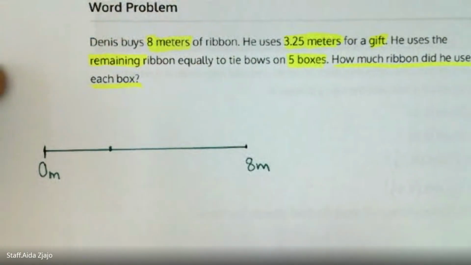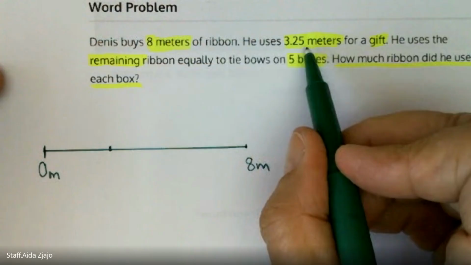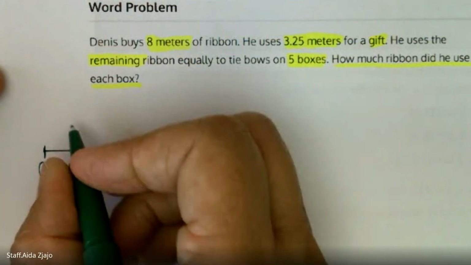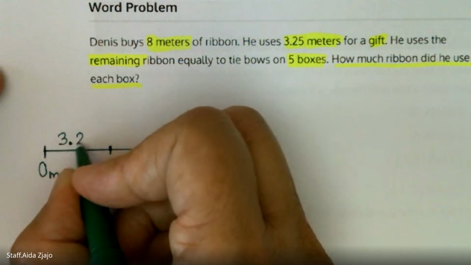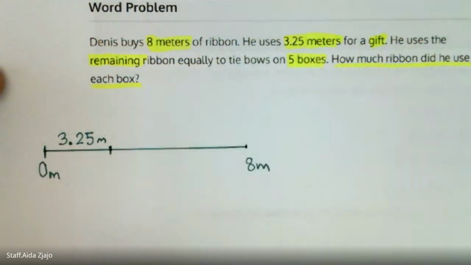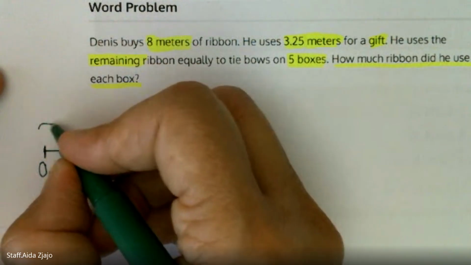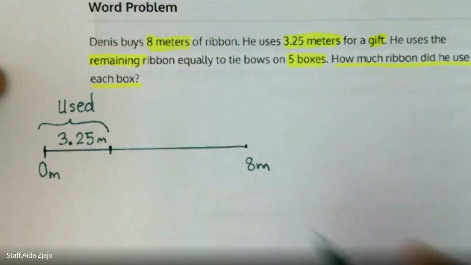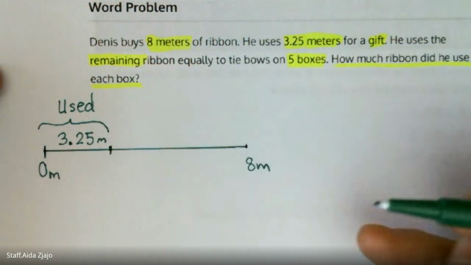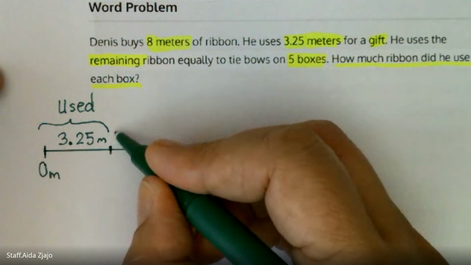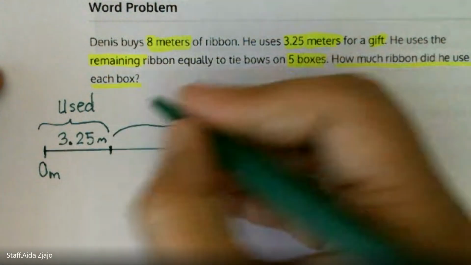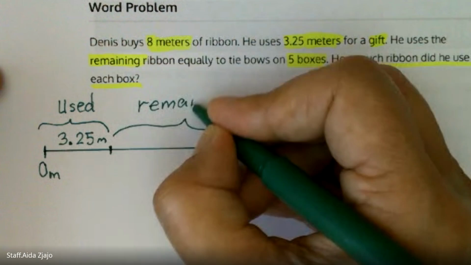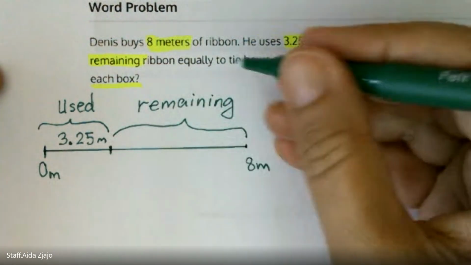Now it says he used 3.25 meters. So if this represents how much he used, 3 and 25 hundredths meters, this is used, and then this is remaining. We can label this remaining ribbon.